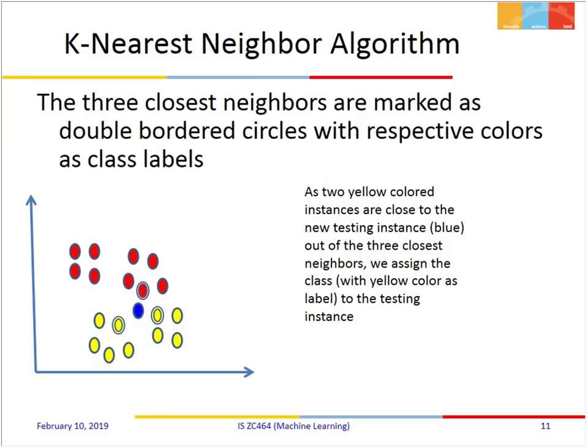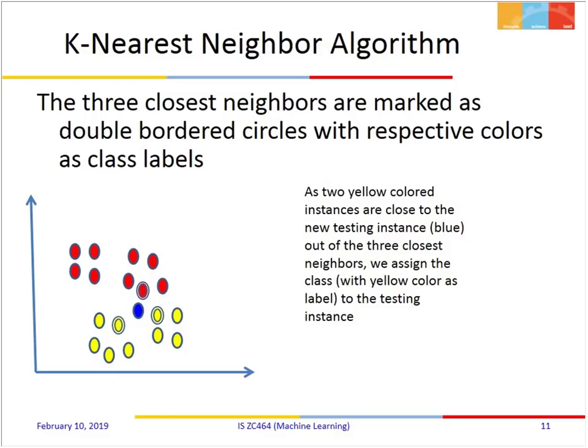So, what will be the time complexity of finding these three closest points? Yes, it is a nice question how you can verify whether k should be 1 or 2 or 3. K is the number of neighbors you are trying to take into consideration for assigning a label.